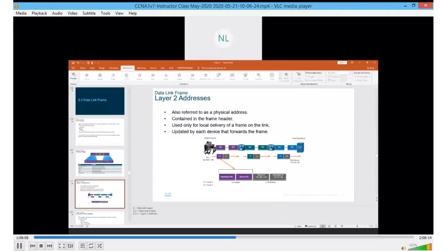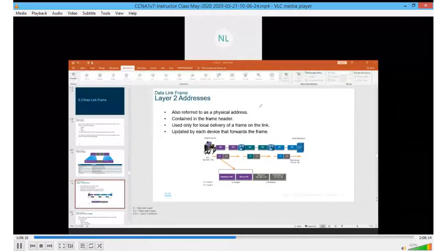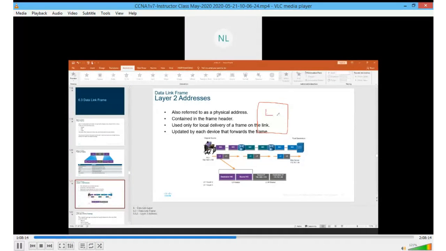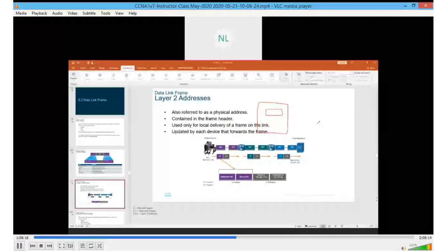When you have a network, this organization, they will use a switch to connect internally. When you have another organization, maybe internally they will also use a switch. Now, if the connection is between this PC and this PC on the same network, it uses MAC addresses to identify the source and destination.